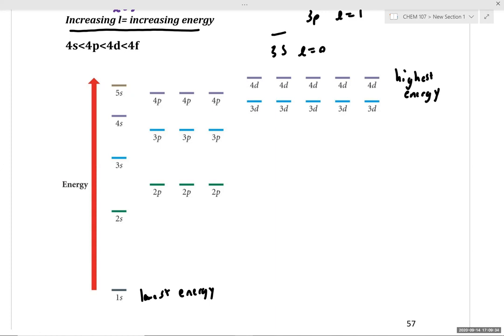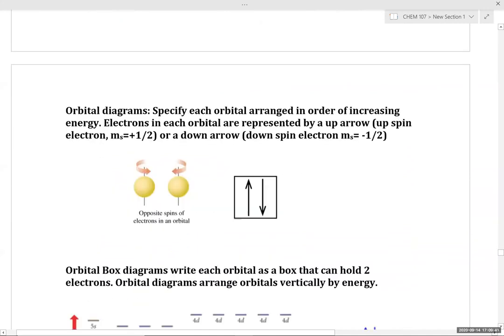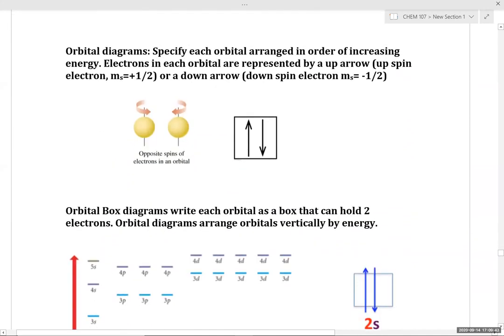So to help you become more familiar with this idea, we're going to talk a little bit about how these orbital energy diagrams function in practice. An orbital diagram specifies each orbital arranged in order of increasing energy. Electrons in each orbital are represented by an up arrow or a down arrow.